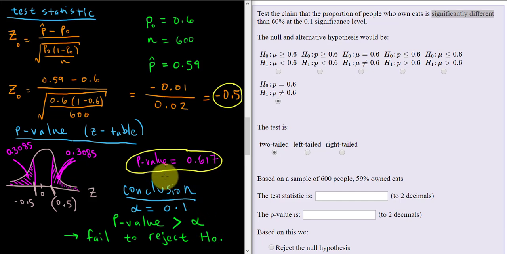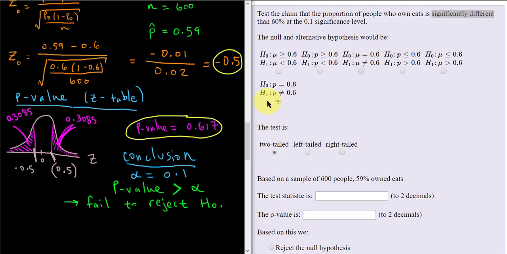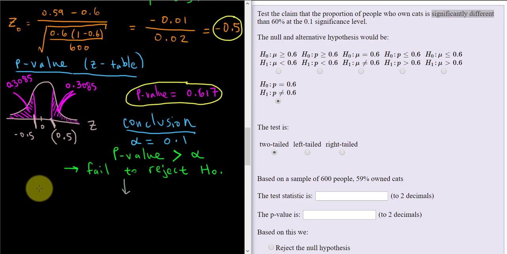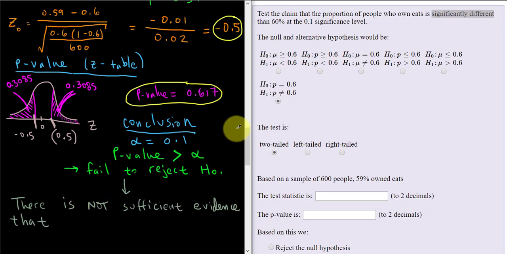In addition, I like to consider, what does that conclusion, failing to reject the null hypothesis, imply about this proportion? When we fail to reject the null hypothesis, what we say is that there is insufficient evidence in support of the alternative hypothesis. Essentially, a non-rejection of the null hypothesis is sort of giving credibility to the null hypothesis.